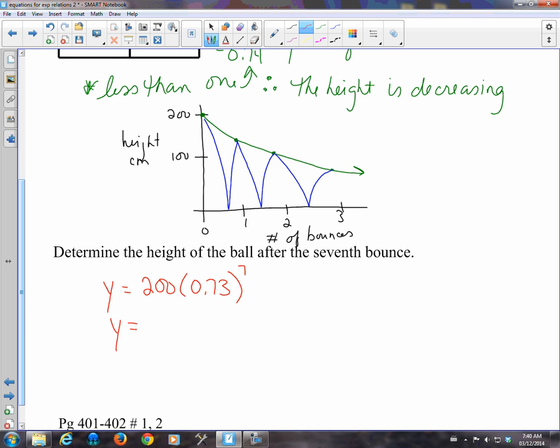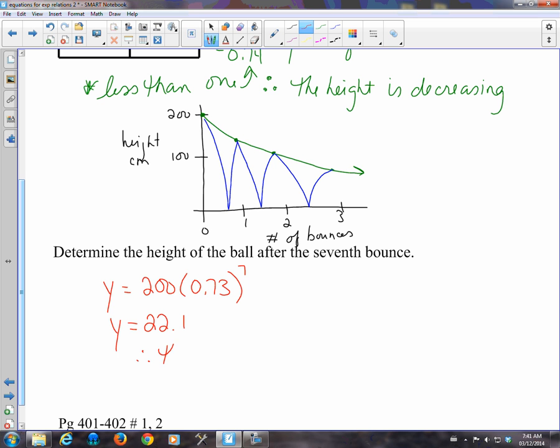And I get my calculator out and I type it in. 200 times 0.73 to the exponent 7, and I get about 22.1 centimeters.